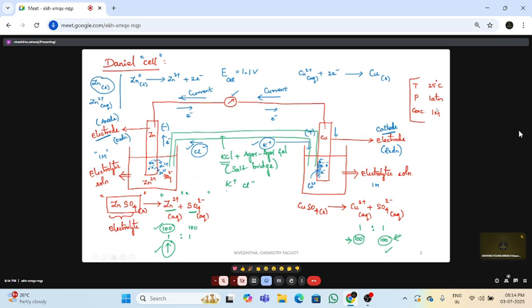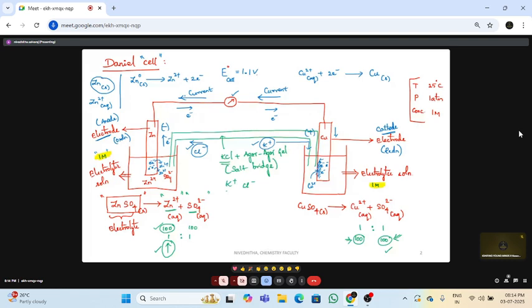As I told you already, both the concentrations were 1 molarity each, so the cell is in standard condition. So the potential generated here is E naught cell. The standard cell potential of Daniel cell is 1.1 volt.